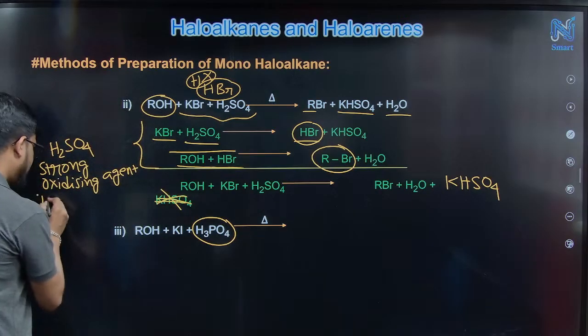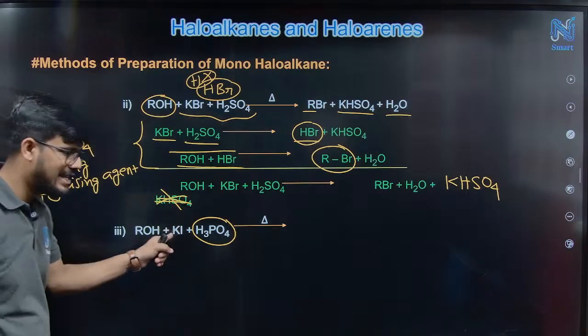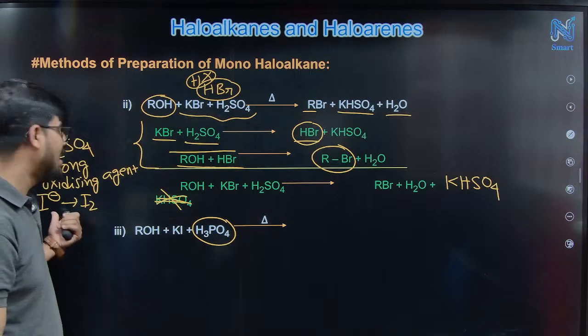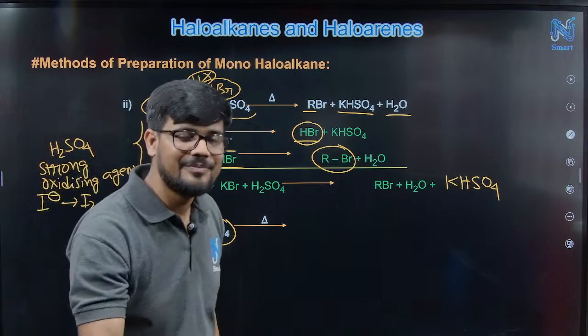If I minus is present in the medium, like KI, it will convert that into I2. It will oxidize iodide into iodine.